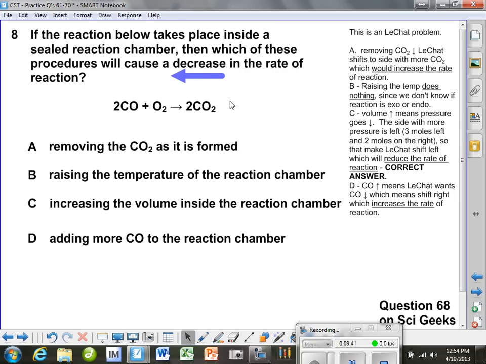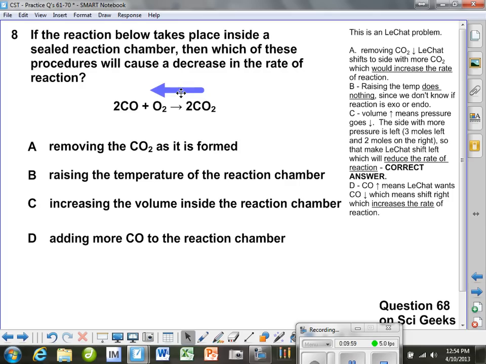If the reaction below takes place inside a sealed chamber, that means we're going to be having a pressure situation. And they are going to decrease. How are we going to decrease the rate of reaction?